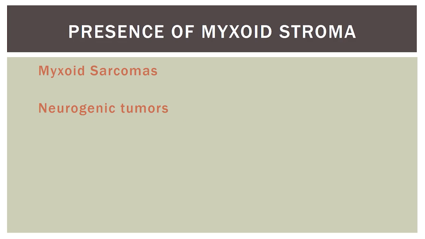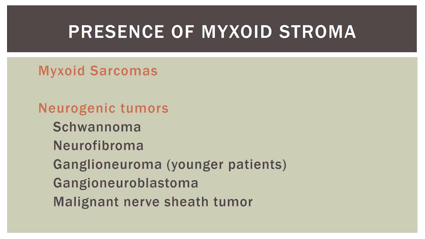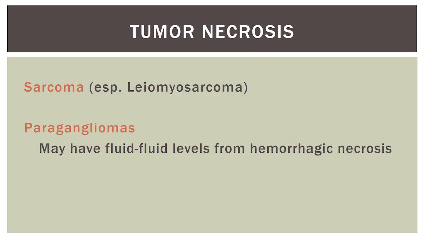Myxoid stroma, think myxoid sarcomas like myxoid liposarcoma or neurogenic tumors. If there is tumor necrosis, think sarcoma, especially IVC leiomyosarcoma. Also, paragangliomas, they show hemorrhagic necrosis with fluid levels.